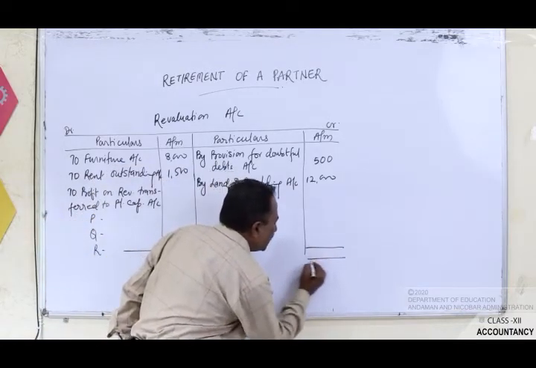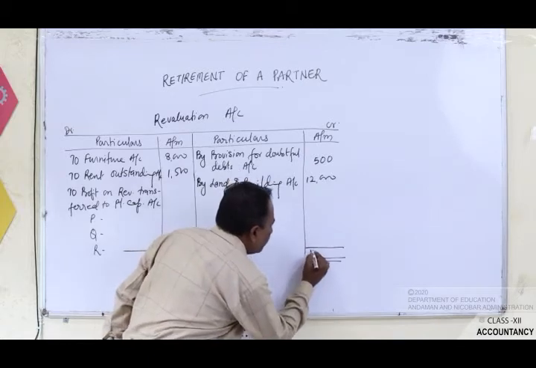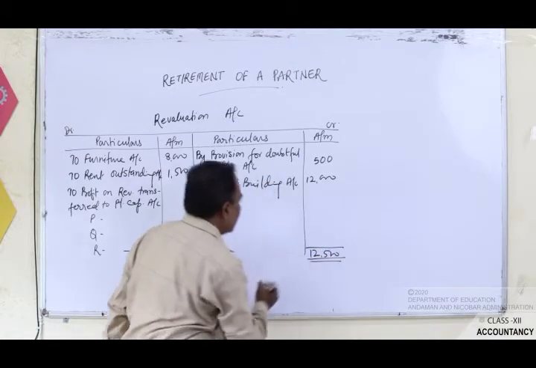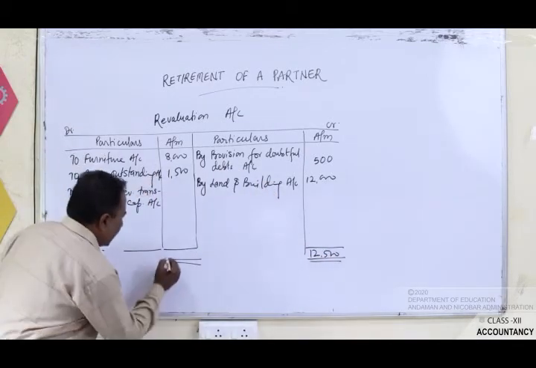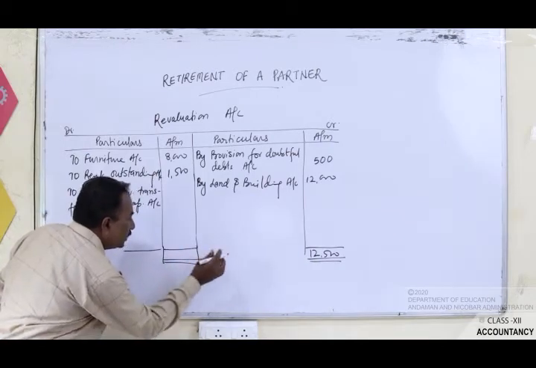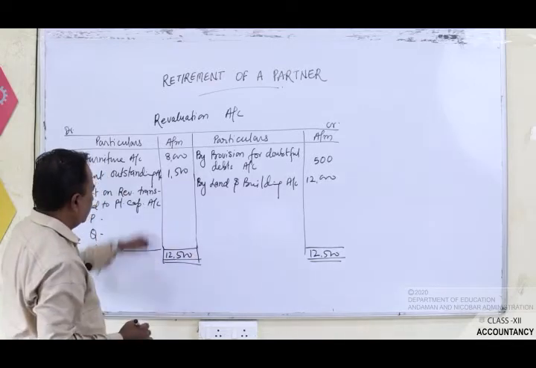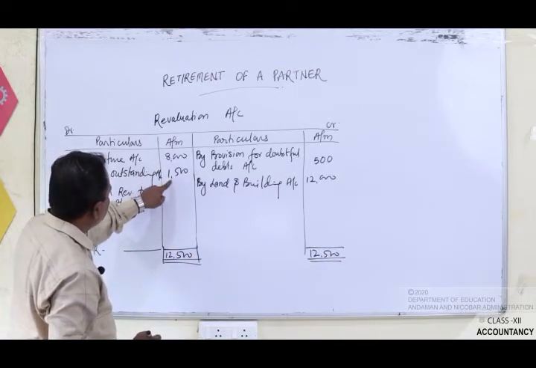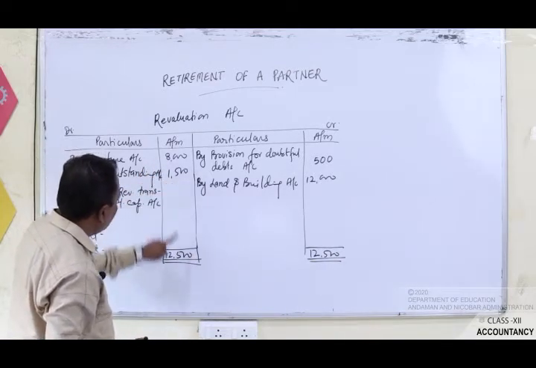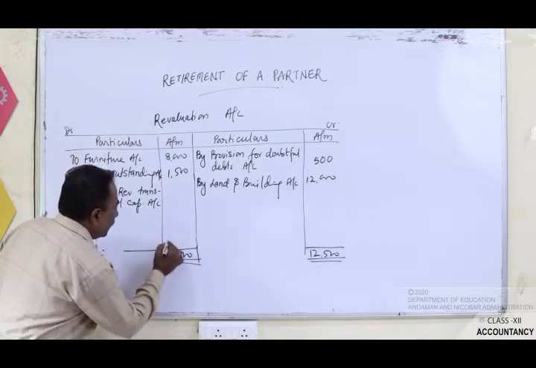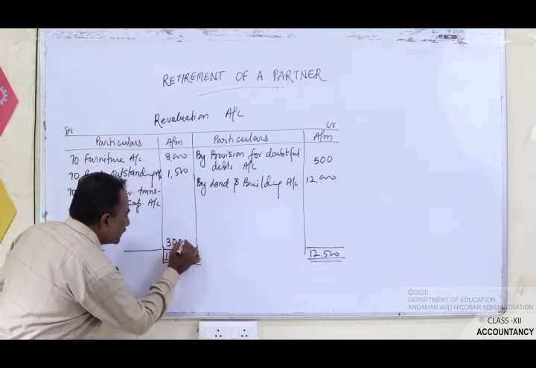Let us see what is the total of the credit side. It is rupees 12,500. Now, let us write the same figure on the debit side. It is rupees 12,500. Now, subtract rupees 9,500 from 12,500. The balancing figure will be rupees 3,000.